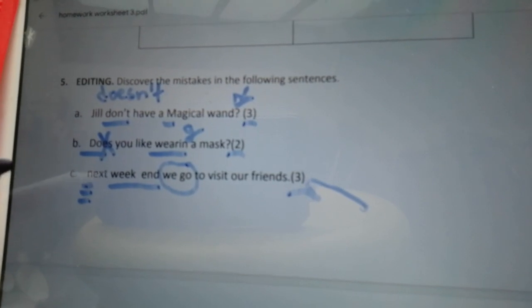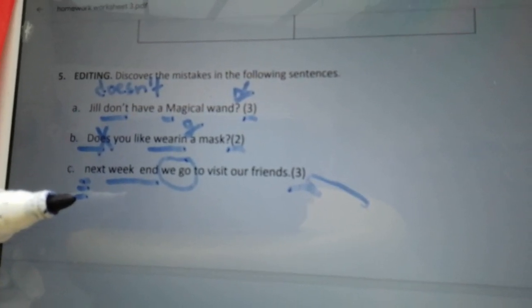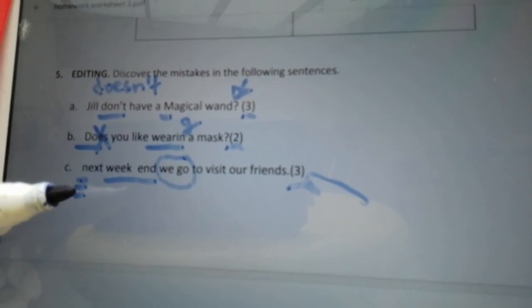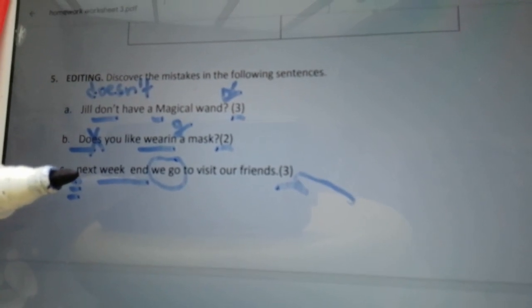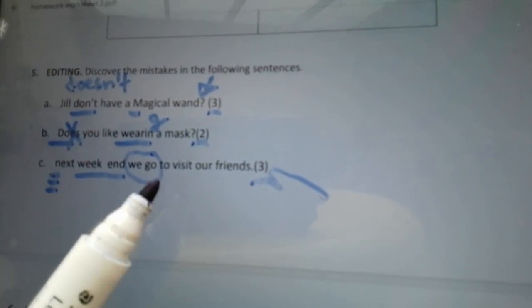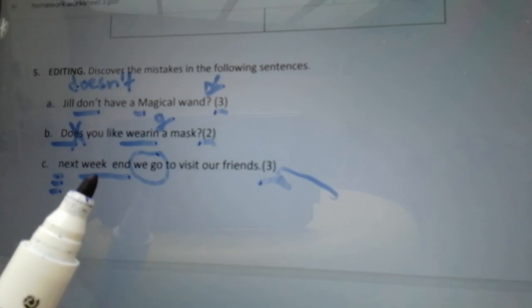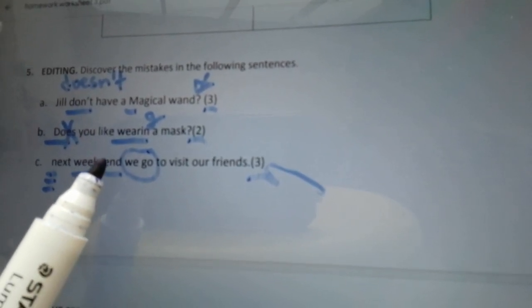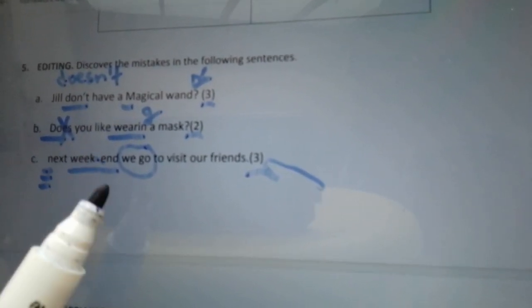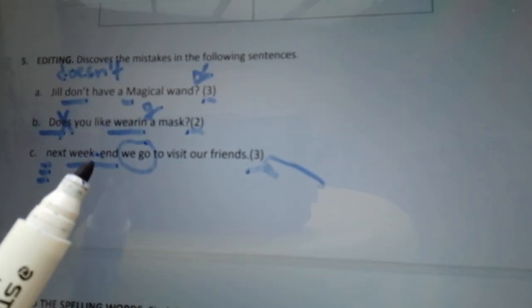Sentence C, very easy, the first mistake. We always start a sentence with a capital letter. The second mistake is weekend. It should either have a hyphen in the middle, a little line, or go together, okay? But we don't normally write it separate.